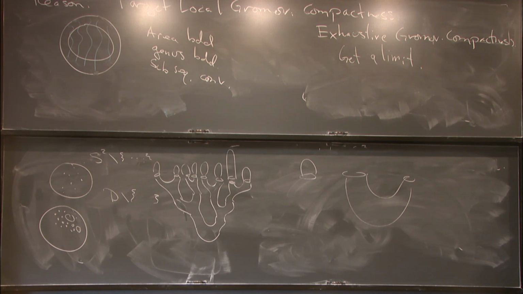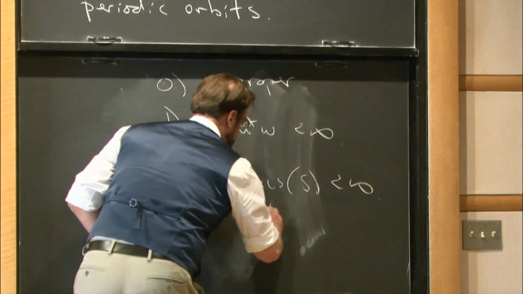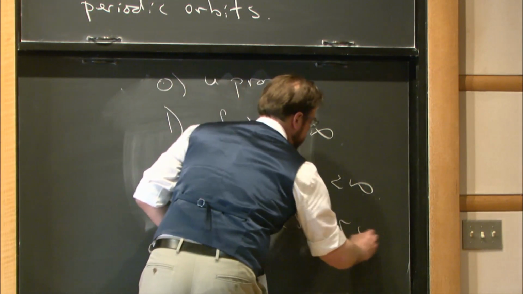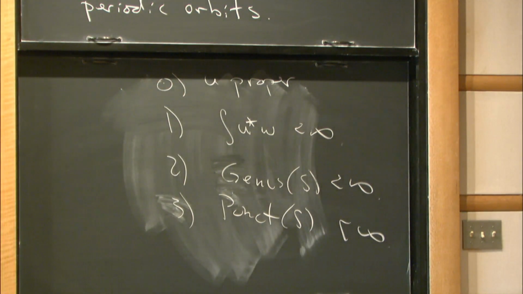To get, for instance, that connected local area bound you were mentioning, I need to have finitely many positive ends. So we generalize this notion of a puncture, and we want that to be finite as well. If I don't, then it screws up the later metric analysis.